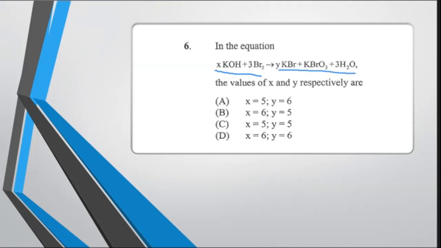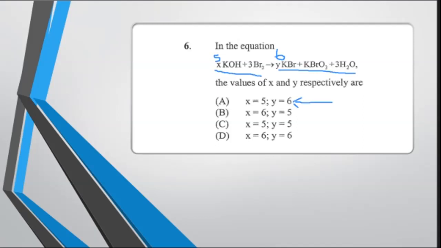Now, in order for us to figure that out, we need to choose from the options. So go by a process of elimination and see which one will cause the elements on either side to balance off. So let's start off with the first one, where X is 5 and Y is 6. Let's check how much of each of the elements we have on either side and see if they're balancing up. If X is 5, on this side I have 5 potassium.